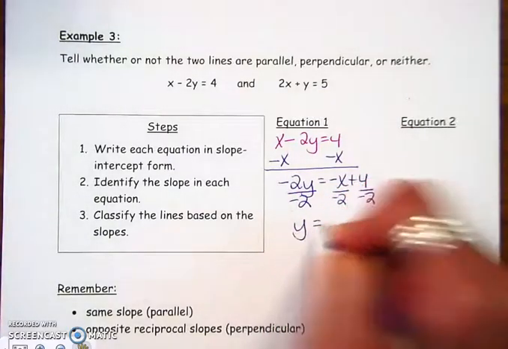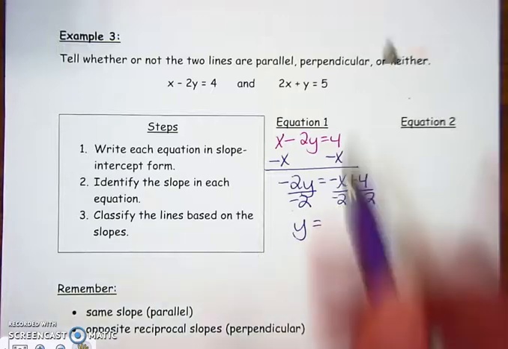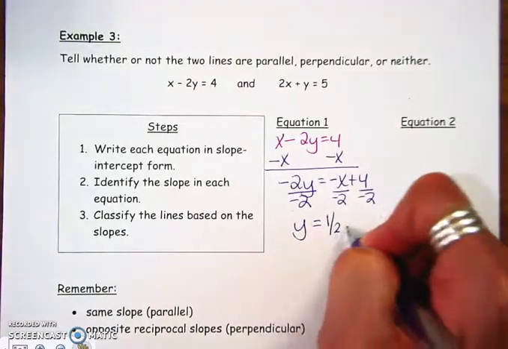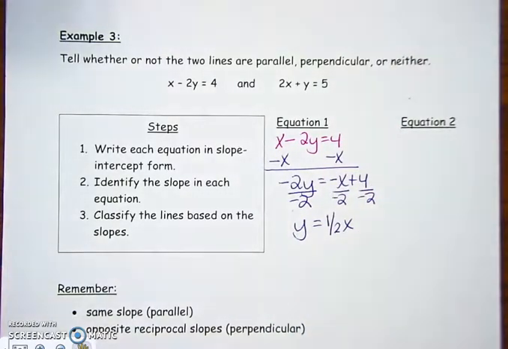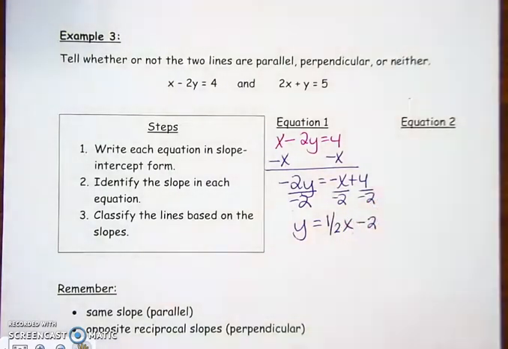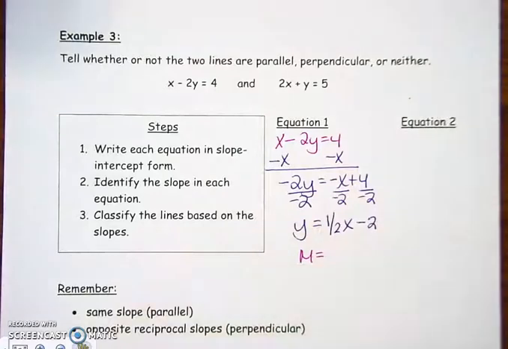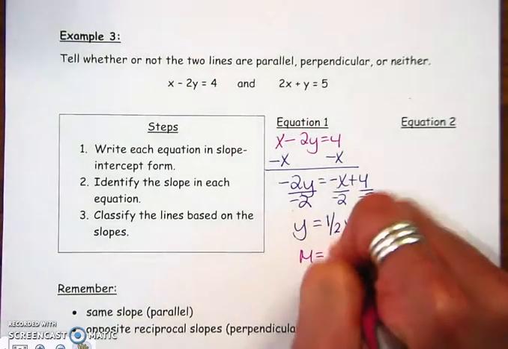So I'll have y is equal to, and notice here a negative over a negative is going to yield a positive. And I can pull that 2 out and I'll have 1/2 x. Over here 4 divided by -2 gives me a -2. Now that the equation is in slope-intercept form, I can easily identify the slope as 1/2.